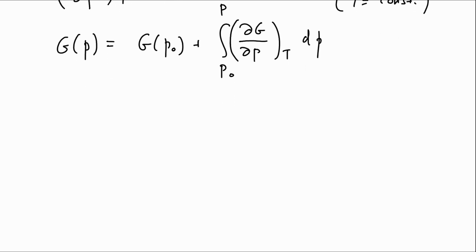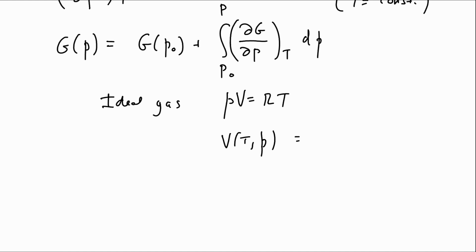like the petroleum product that they're getting out of their fracking or something. I don't know, something like that. But we're idealists in this class, so we'll use the ideal gas, where PV equals RT, and so V as a function of T and P is RT over P, right?